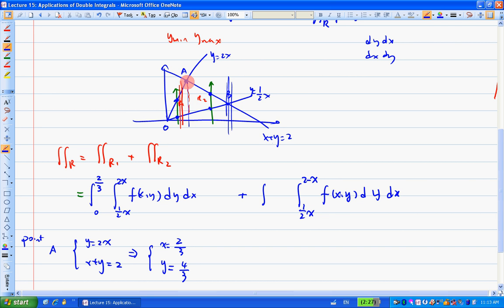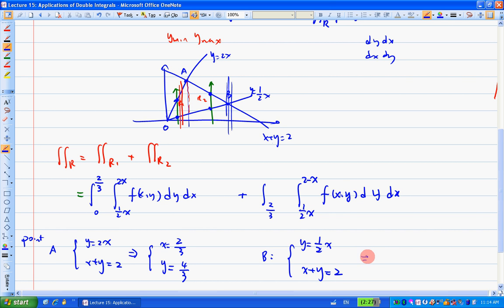And the starting point for the x is this, which means the x min is 2 over 3. The end point is over here, so you need the x max, which is the x value for the B point, okay? So similarly for the B point, that's the solution between y equal to 1/2 x and x plus y equal to 2.